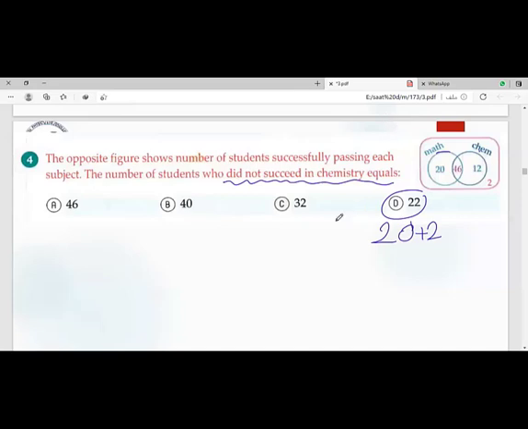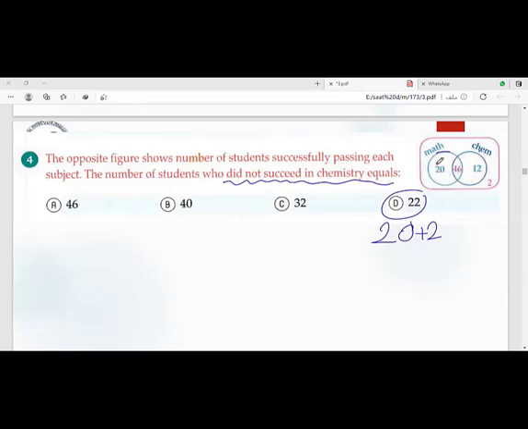Yes, chemistry and math in both subjects, 46. What is the number of students that succeeded only in math? Only in math. Yes, in math only, it's 20.